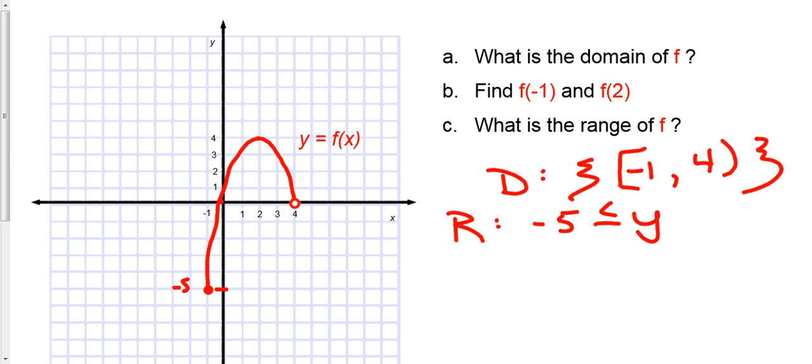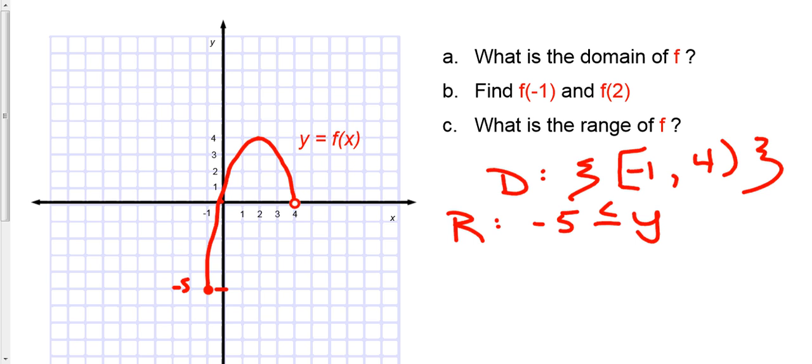So those of you who said less than, I'll give it to you. Those of you who said greater than, I'll give it to you too. Why? Because I'm assuming you meant negative 5 is less than or equal to Y, or that you meant negative 5, or I'm sorry, Y is greater than or equal to negative 5. But typically, how do we read this sign?